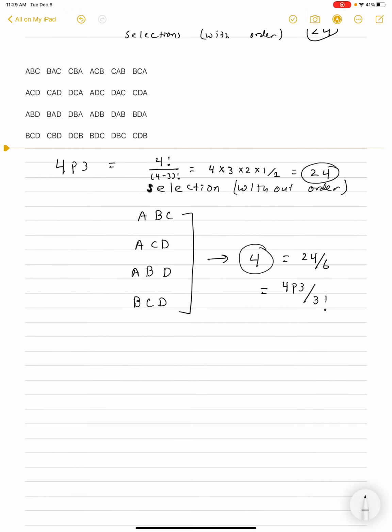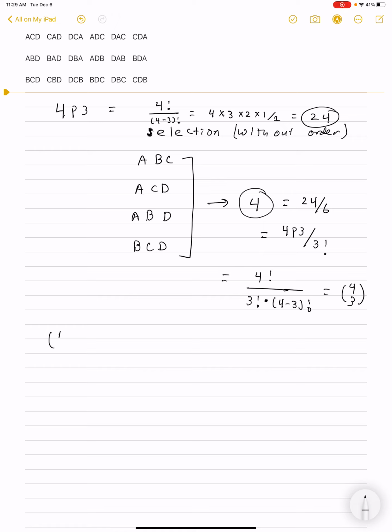So I could also write this as 4 factorial over 3 factorial times 4 minus 3 factorial, and this is n choose k, or better yet, since there are no n's and k's, it is going to be 4 choose 3.